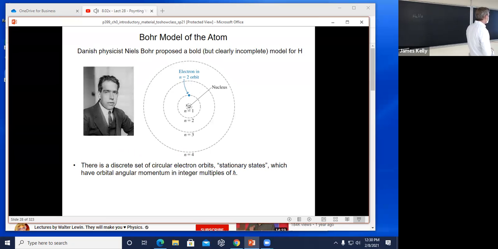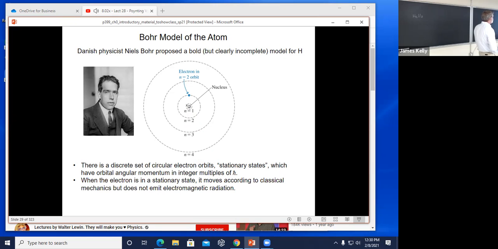He says there's a discrete set of circular electron orbits. He calls those stationary states. And they're defined by having integer multiples of h bar of orbital angular momentum. So this is the one h bar state, the 2 h bar state, the 3 h bar state of angular momentum there, and those are certain kinds of electron orbits.